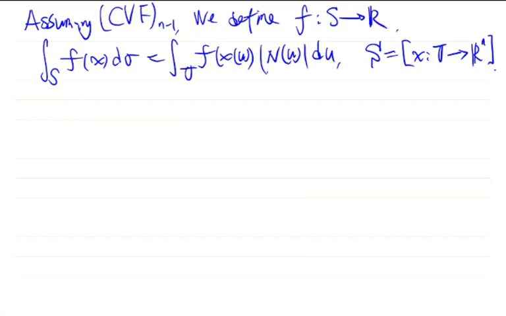Now, before going further, we consider some example. If S is the graph of a function, S is the graph of an n-1 variable function.